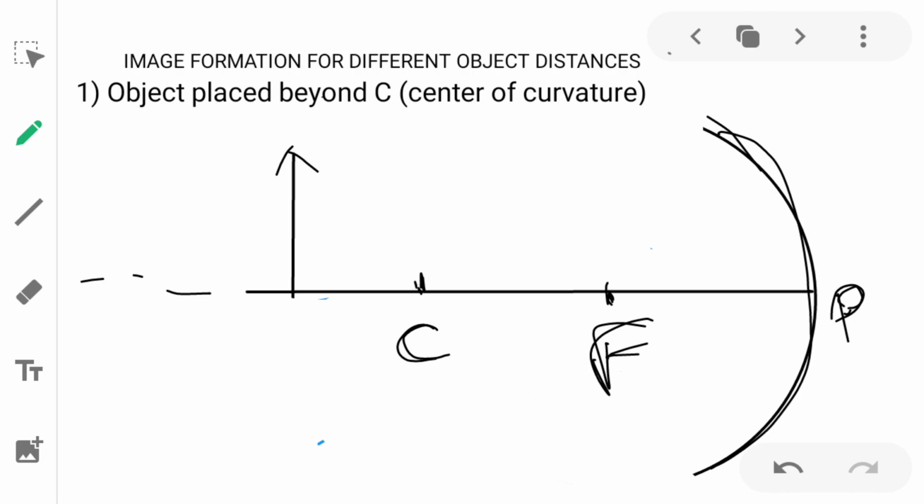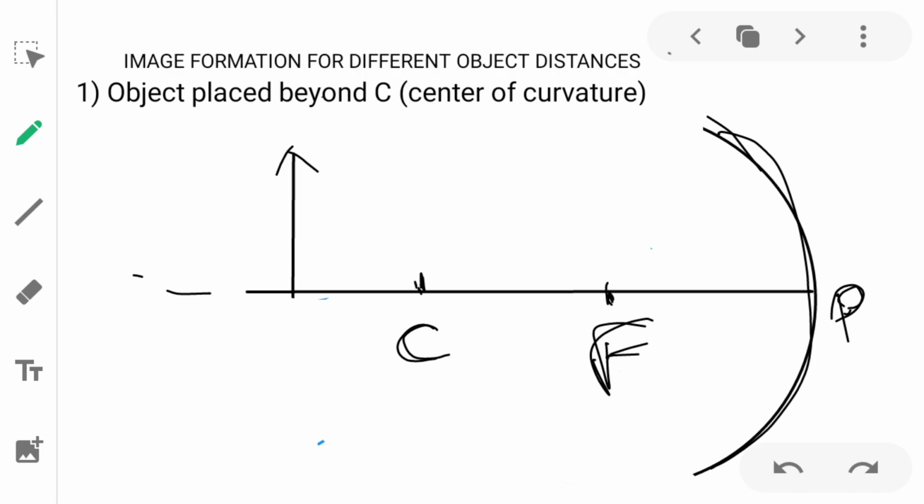The object can be placed at infinity, beyond C, at C, between C and F, at F and within F. So these all are the possible distances where the object can be placed. In that, the first one we shall see the image formed by an object placed beyond C.